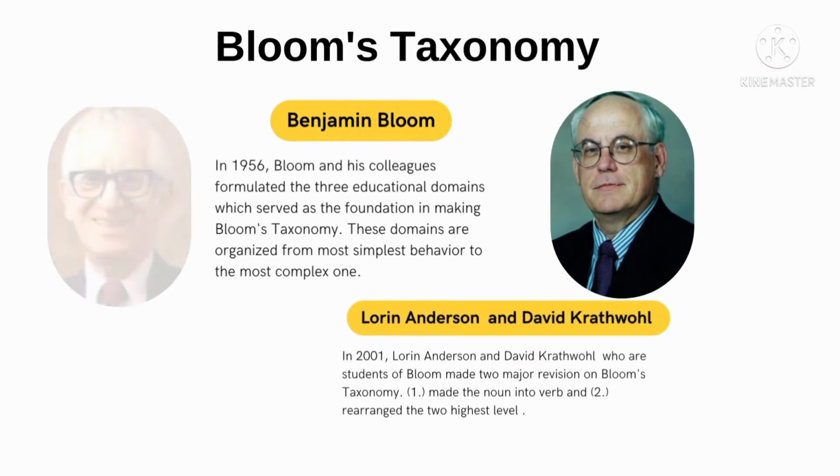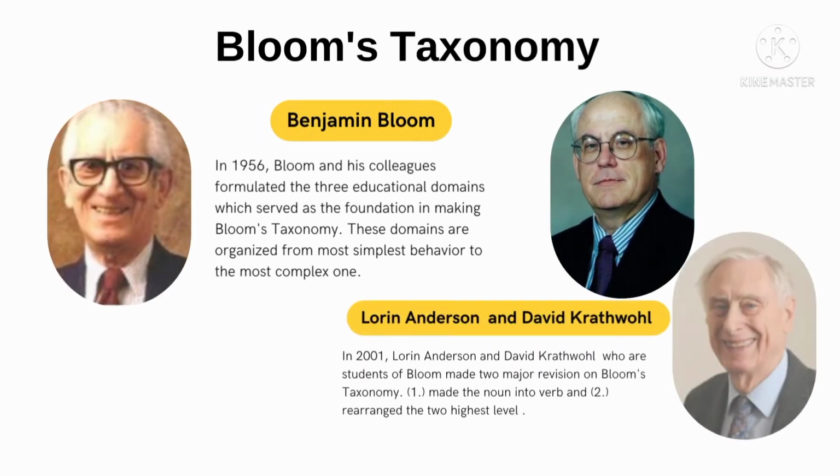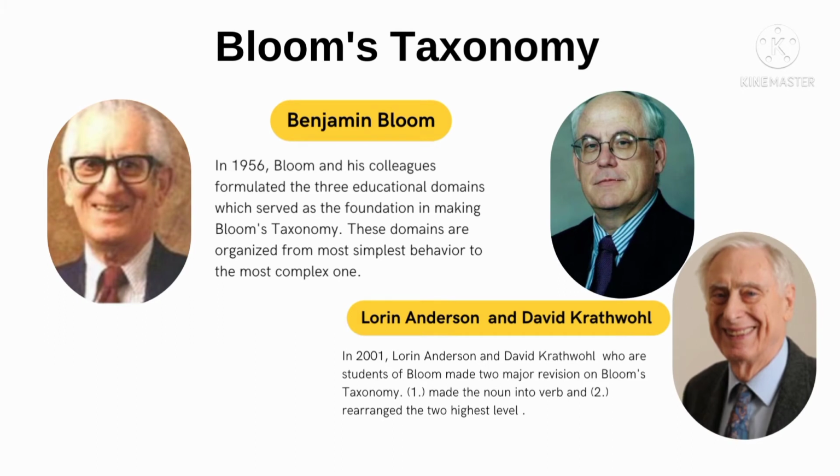Now that you still remember Bloom's taxonomy in the different domains, let's discuss every domain with its corresponding categories. Take a look at Bloom's taxonomy and its revised version by Anderson and Krathwohl. We can see the two major revisions that they did, which is making the noun into verb and rearranging the two upper categories.